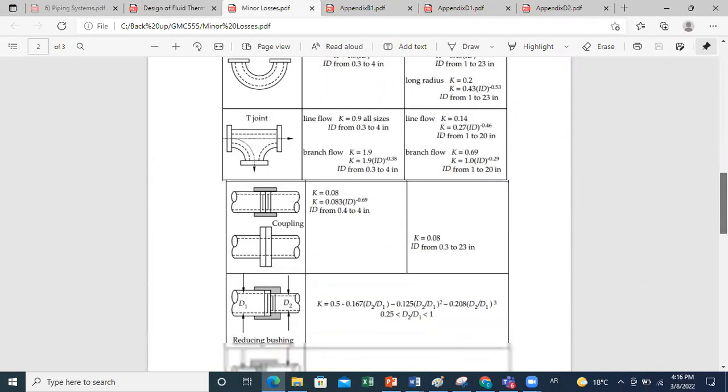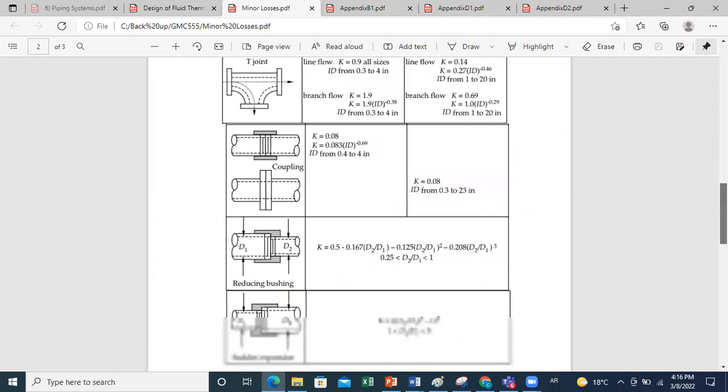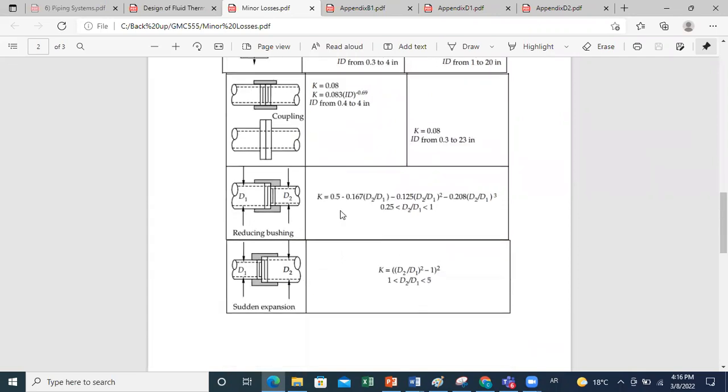So we have a lot of types. All of them will have their corresponding expression of minor loss. We talked also, if you remember, about the reducing bushing, in which you have reduction in diameter. So also you have a certain formula for the minor loss coefficient depending on D1 and D2.